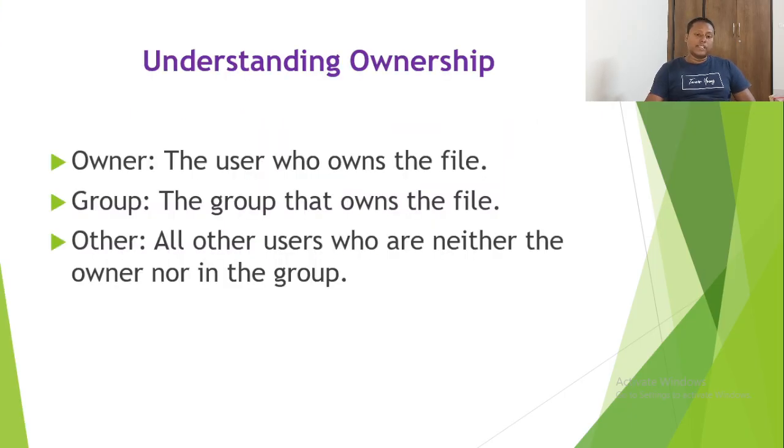So for ownership there are different things. First is the owner. Owner in the sense of whoever created that particular file or that particular folder. That is called ownership. He is the owner, whoever creates it. Next, the group that owns the file.